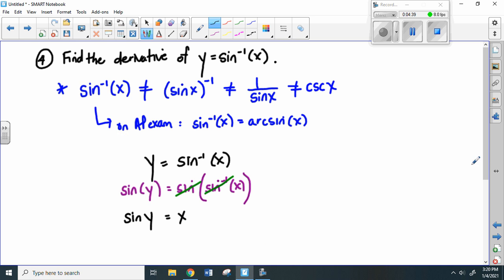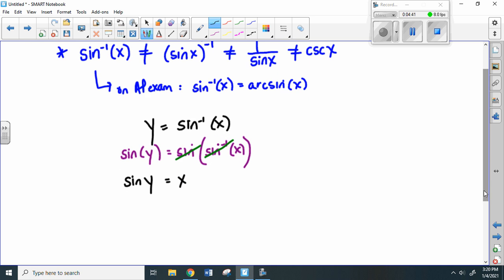Now, why is that helpful? Well, because now I don't have an inverse in my problem anymore, and I have something that I can actually take the derivative of. I'm just going to have to make sure I do it using implicit differentiation, because when I take the derivative of a trig function with a y in it, I'm going to have to use implicit differentiation. So that's exactly what I'm going to do.